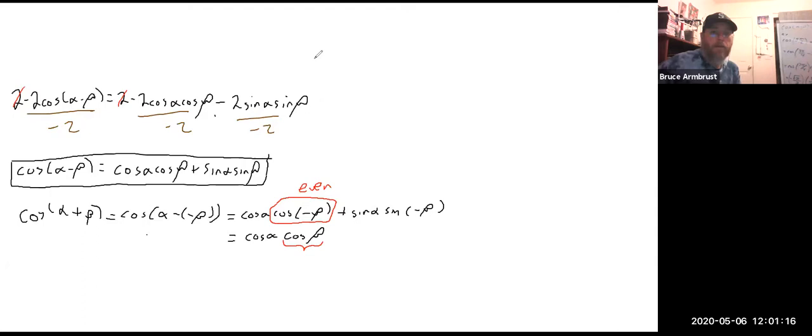Similarly, the sine of negative beta: sine is odd. What odd does is it allows me to bring that negative out front. So this step right here where we went sine of negative beta and it brought that minus sign out, that's because sine is odd.